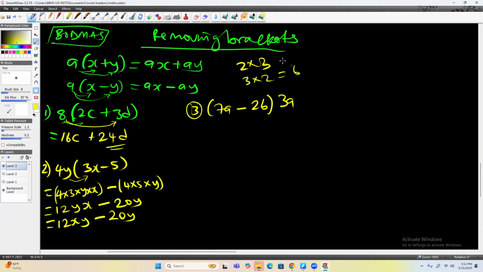All of them are 6, right? So it does not matter. This 3a will still multiply this. It will still multiply 7. You can decide to rearrange it and say, no, I want 3a into 7a minus 2b. That is the beauty of multiplication because it's commutative.